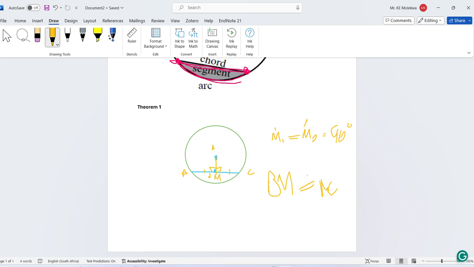That's theorem number 1, so you can use these two things based on it. I'll look for reasons, and here the reason can be AM is perpendicular to BC. This is the reason for these lines to be equal, this line here and this line here.